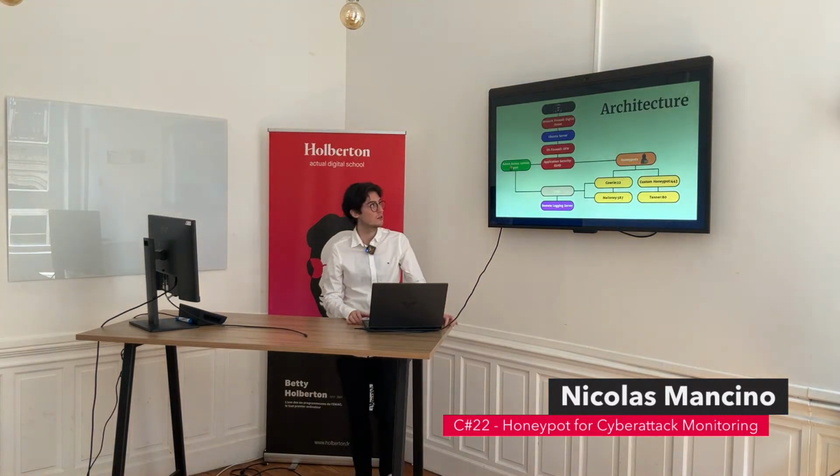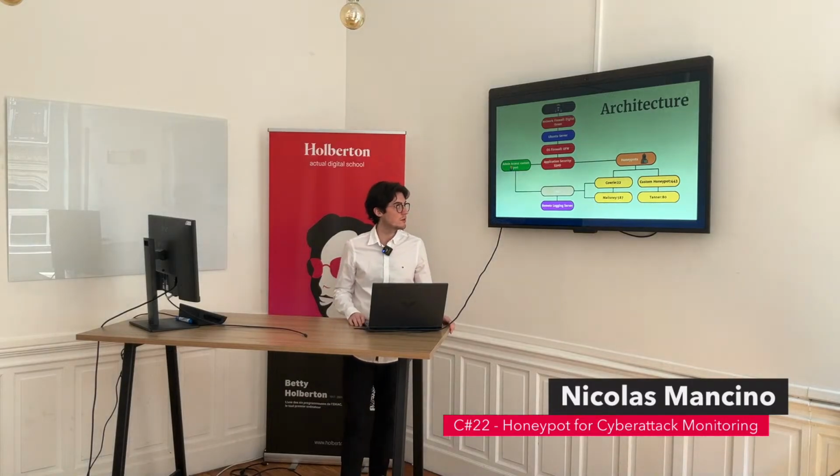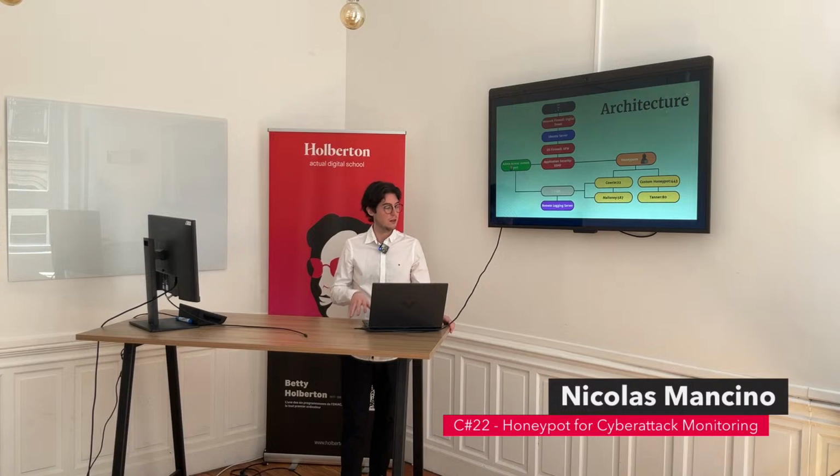Now I will talk to you about the architecture of the honeypot. When the attacker connects to our IP, which I will show later, he meets the first network firewall on DigitalOcean. To access the server, we have to whitelist with UFW and the SSHD security configuration on the server.